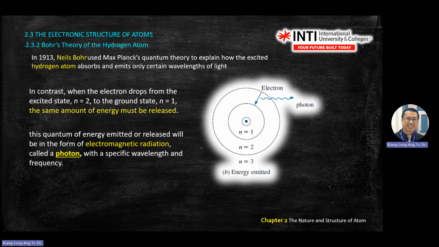Release means it changed lane from a higher orbit to a lower orbit. So if you see the word photon, it means it changed into a lower orbit. It's like on a highway, you move to the left, it becomes a photon. Okay, photon is released.